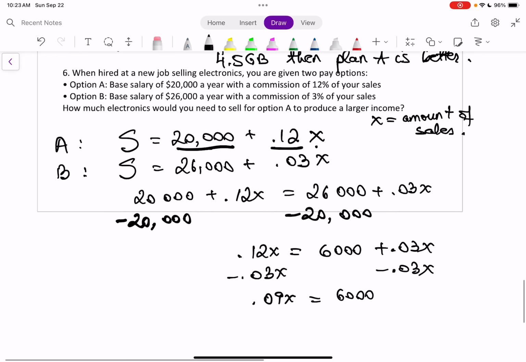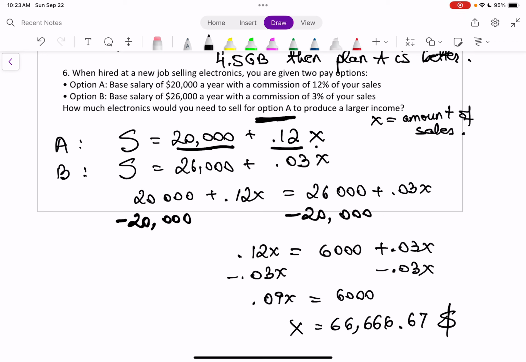So 0.12 minus 0.03 is 0.09, and now all I have to do is take the 6,000 and divide it by 0.09, and I'm going to get X is 66,666.67. So if you're going to make more to produce for option A, you need more sales, right? Because your base salary is less.